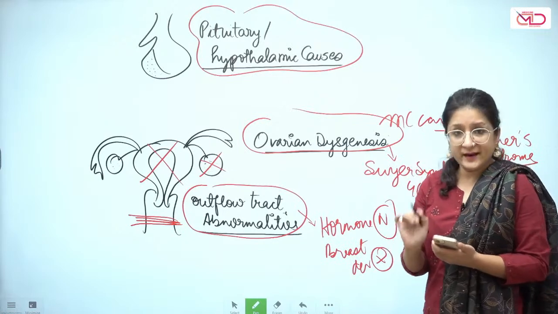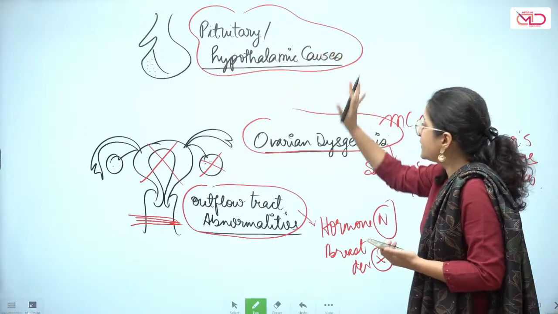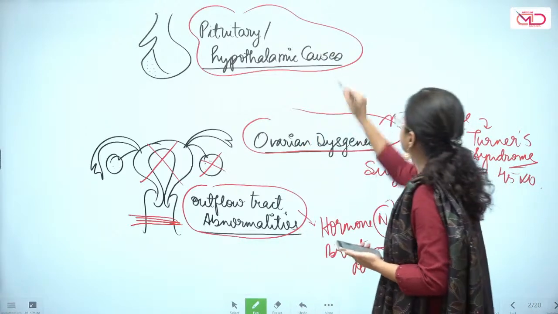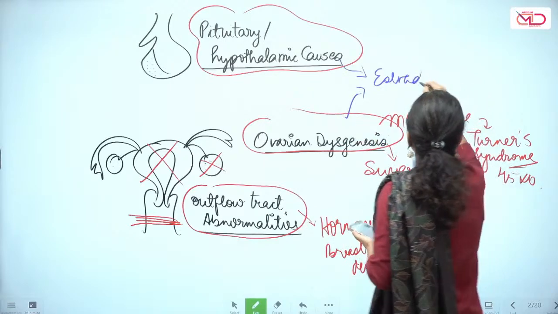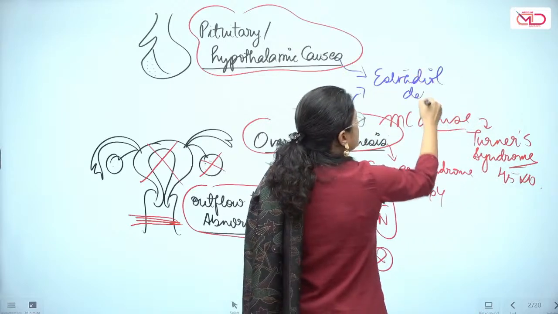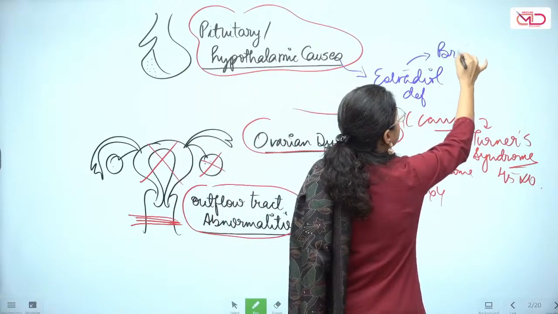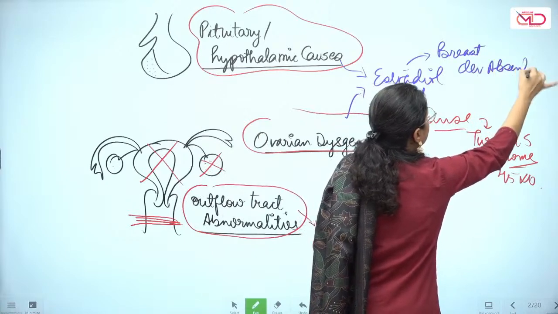Very simple, right? Now moving on, if there is a pituitary or hypothalamic cause, or there is ovarian dysgenesis, whatever be the reason, ultimately what is happening is there is estradiol deficiency. So if there is estradiol deficiency, the breast development is going to be absent, right? Keep that in mind.